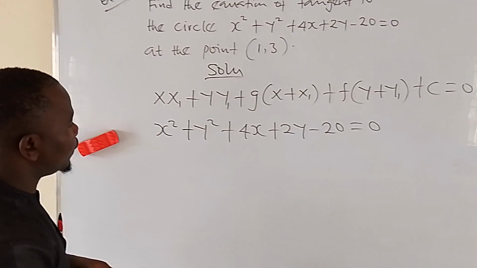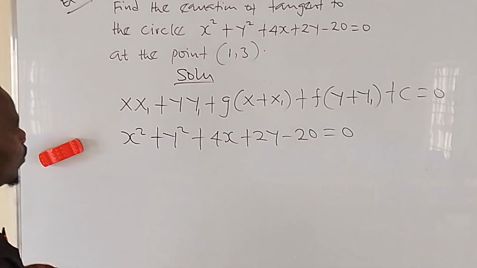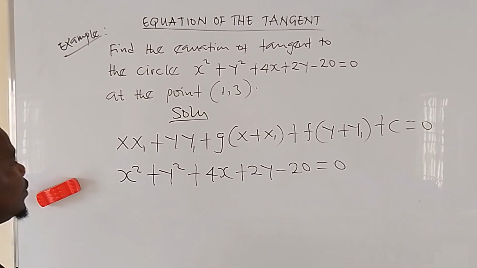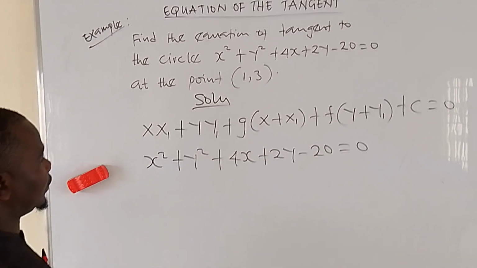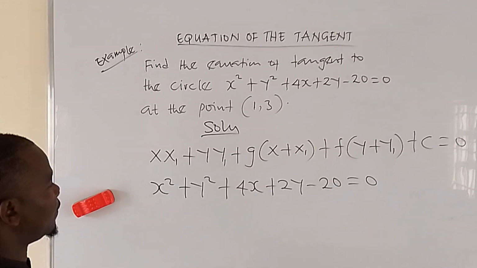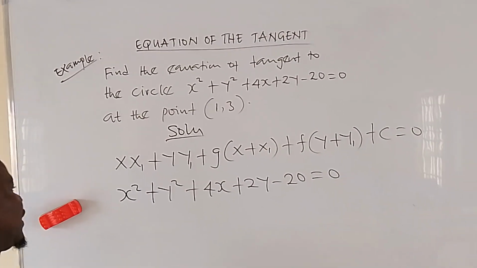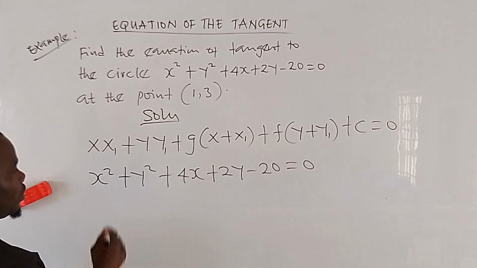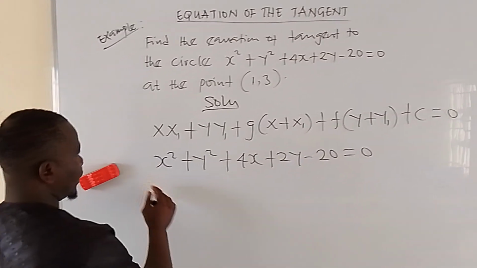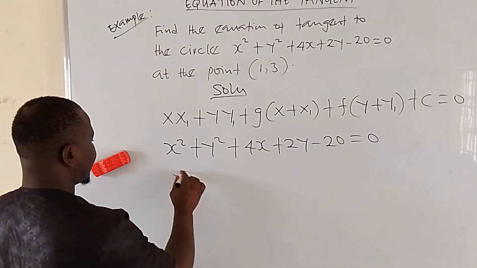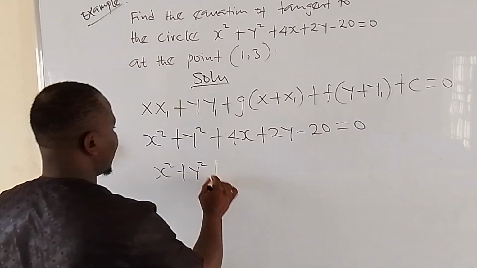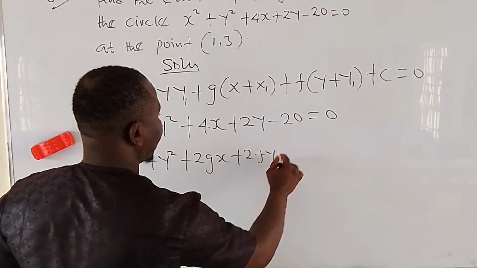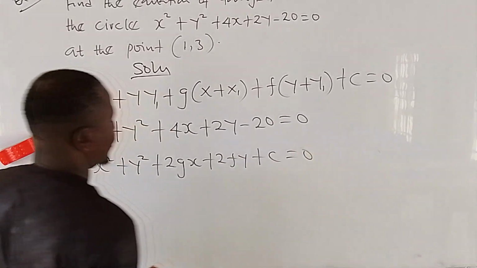Okay, so we'll go back to the equation of a circle, which we all know very well. The equation of the circle is x squared plus y squared plus 2gx plus 2fy plus c equals to 0.